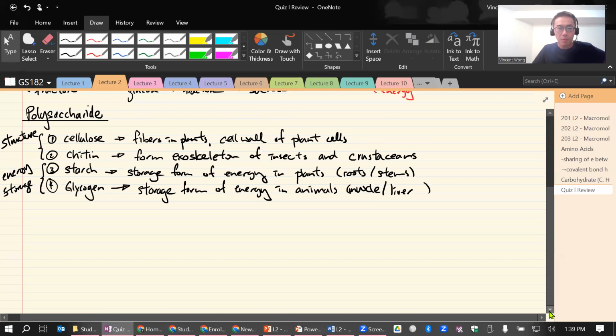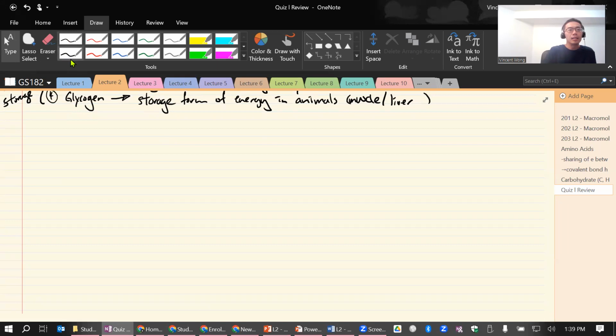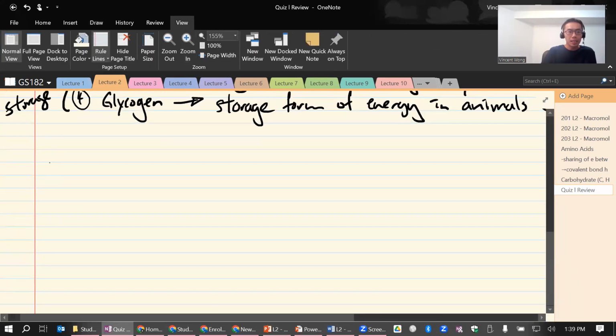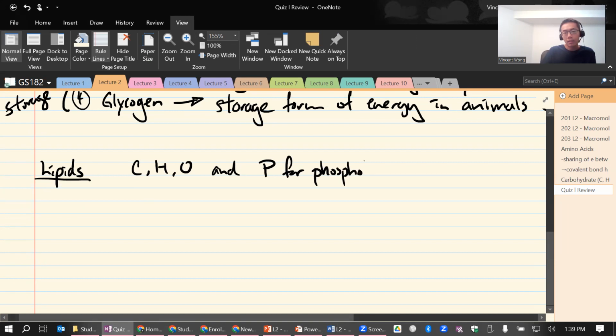Okay, so that's that. Let's move on to our next macromolecule, which is lipids. Okay, lipids. So lipid has CHO and P for phospholipid. Okay, P for phospholipids. So lipids are different because it doesn't have monomers, right?